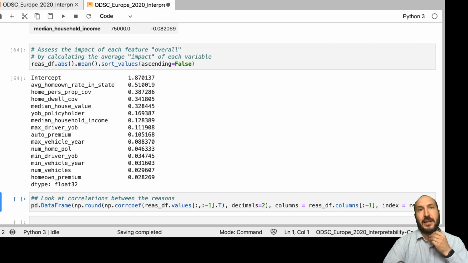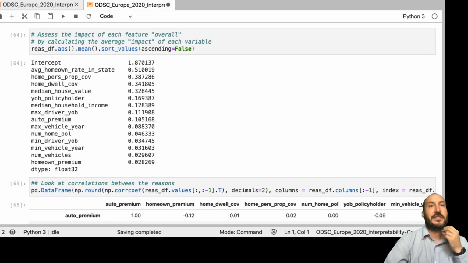So it's interesting that the house value of the zip code is more important than the median income of the zip code. Then the age of the youngest driver, how much they paid for their auto premium, and so on. And the least important thing now is the home ownership premium.